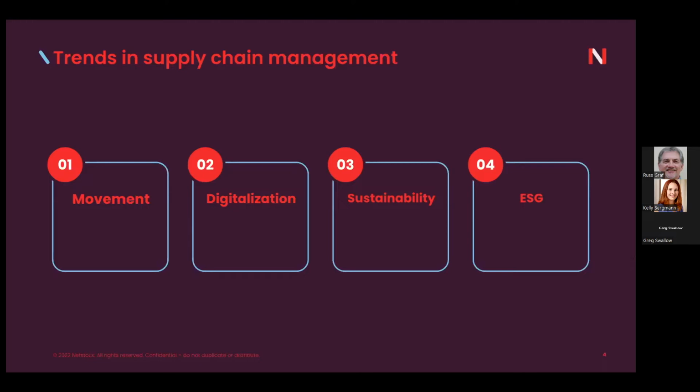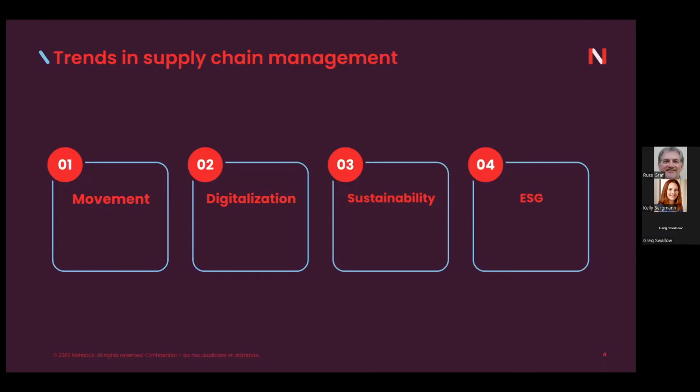Another concept is one of digitalization of the supply chain. One of the accelerators that COVID has created is, with all of us working from home in many cases for extended periods of time, we now had to really digitize or utilize automation and technology to share information, to communicate more effectively with our customers and with our vendors and suppliers.